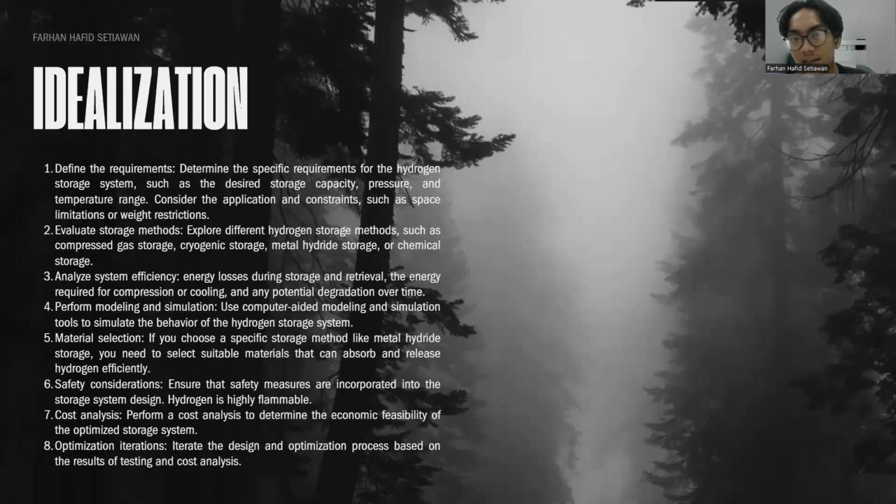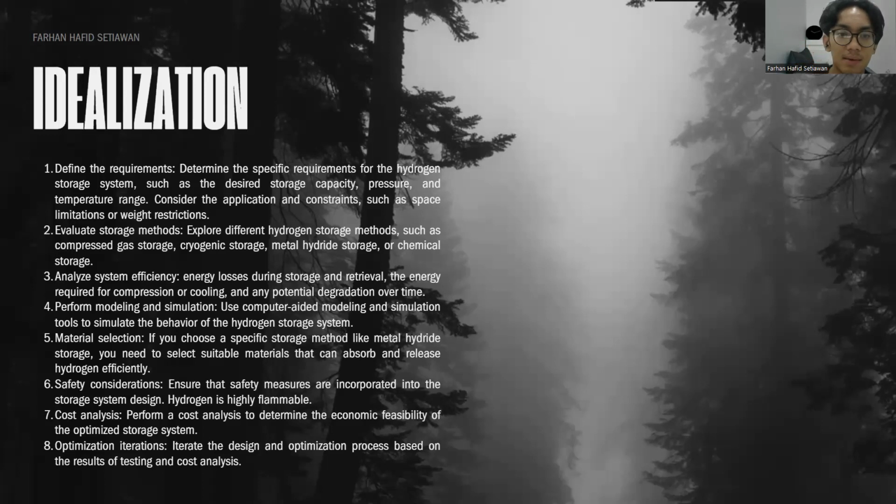Okay, the idealizations. The first is to define the requirements. Determine the specific requirements that hydrogen storage needs, and consider the application and constraints such as space limitations or weight restrictions. Secondly, evaluate storage methods: explore the different hydrogen storage methods such as compressed gas storage, cryogenic storage, metal hydride storage, or chemical storage.